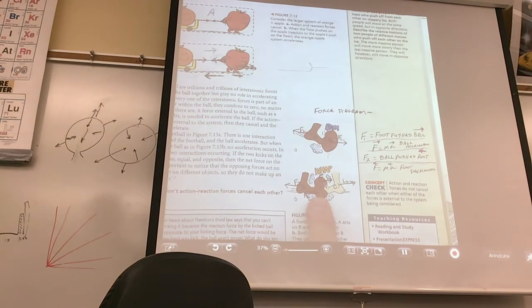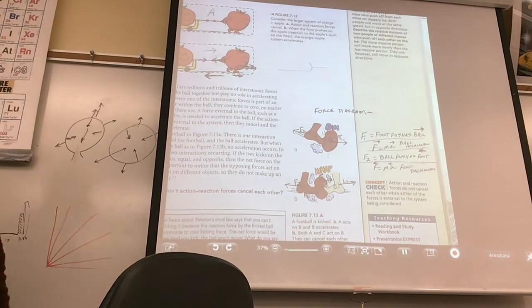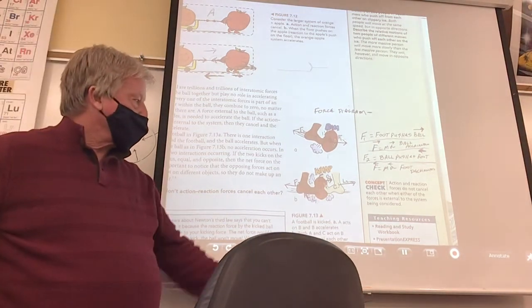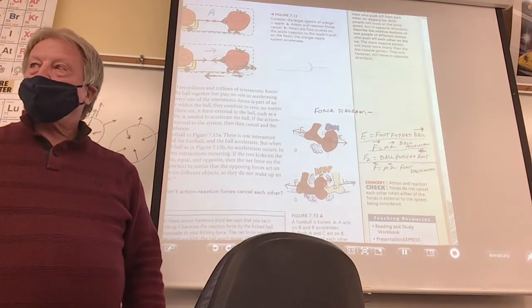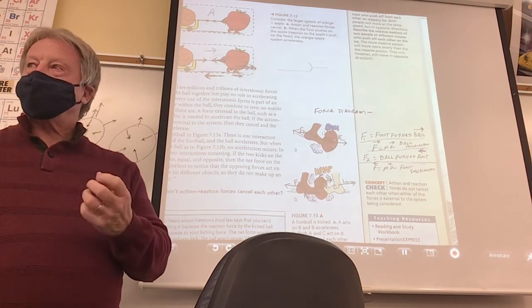When will this ball not accelerate? When they kick with the same force. All right, and then use letters for me. I see 4 forces. Tell me which force I'm looking at. That ball will not accelerate if blank equals blank.